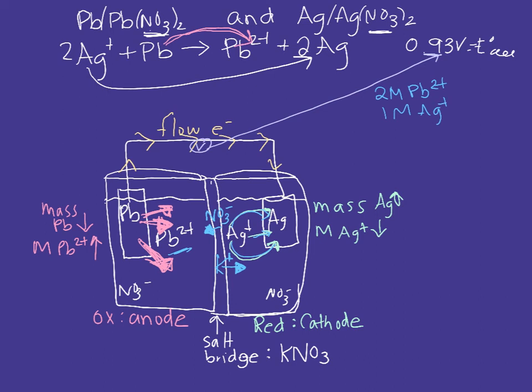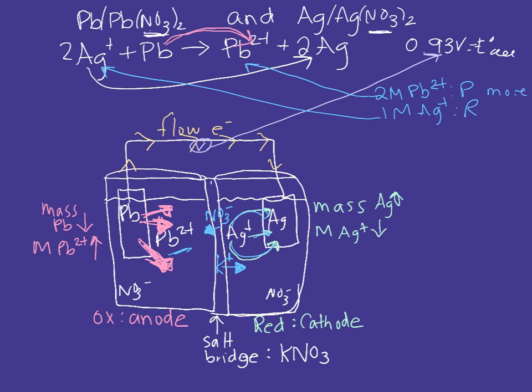Okay, and so when we look at this, we have to look at which one is the reactant and which one is the product. So in this case, the lead 2+ is a product, right? It's a product. And the silver ions are a reactant. So right now we have more product than we have reactant.